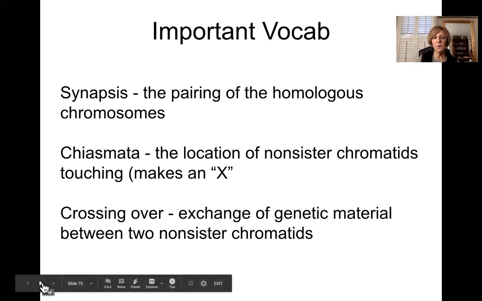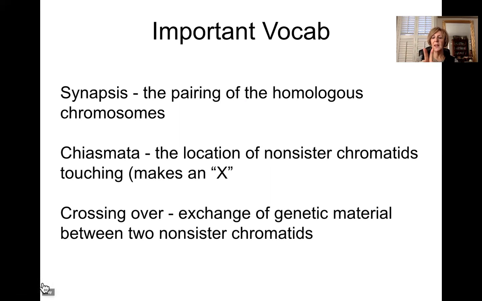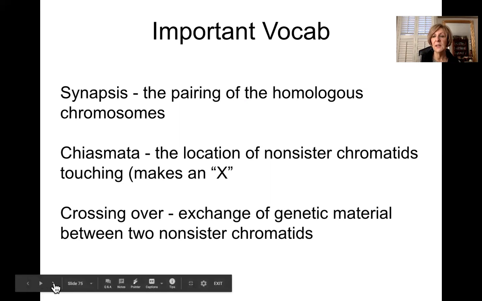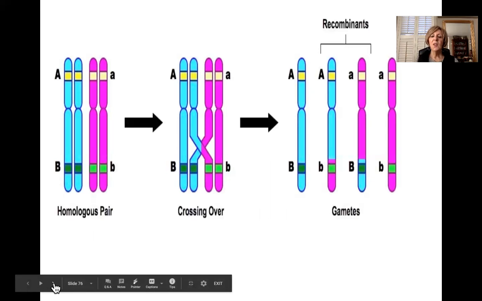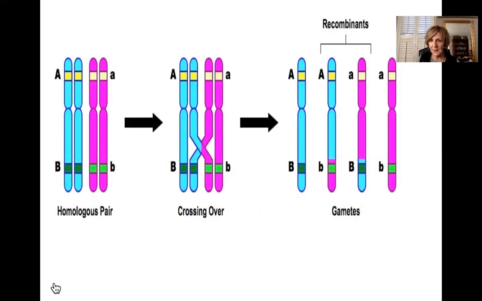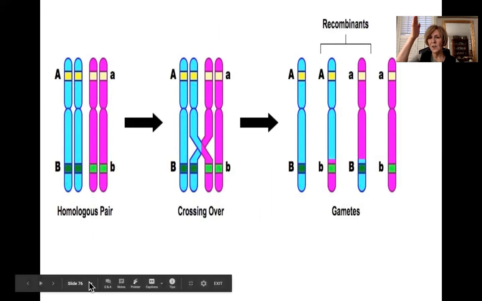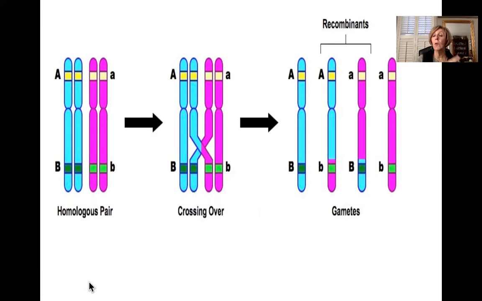So here's just a review: synapsis is where they're pairing, chiasmata is where their arms overlap, and crossing over is when the hunks of DNA actually exchange. So recombinant is looking at the chromatids that actually got genetic material from the other homologous chromosome.